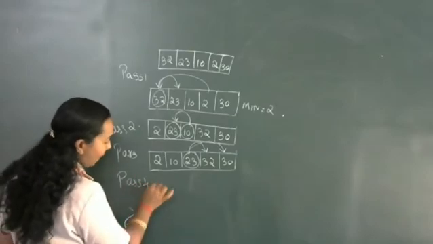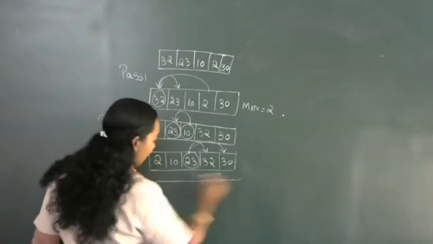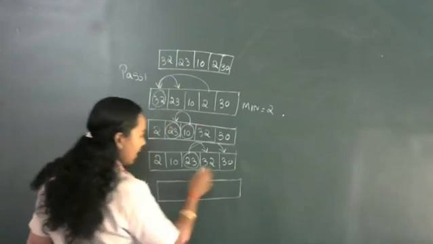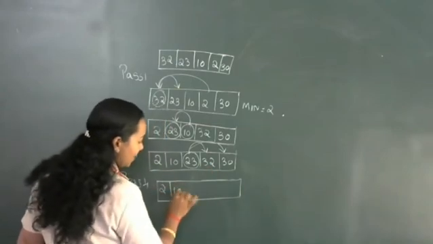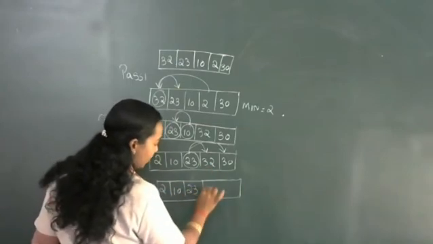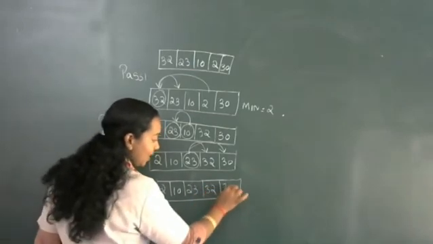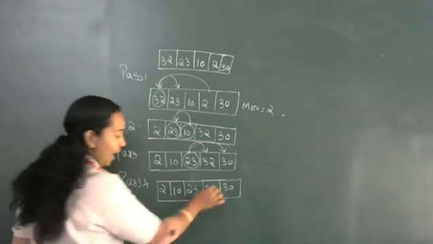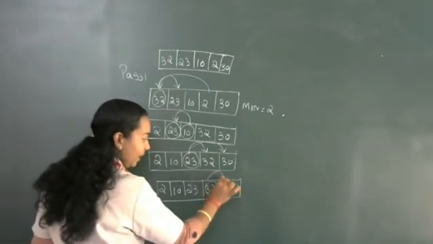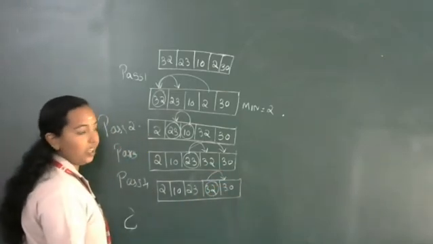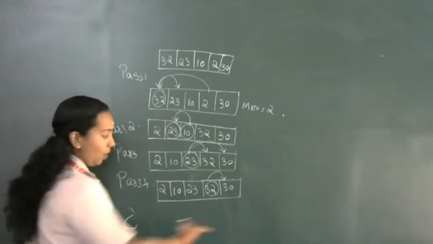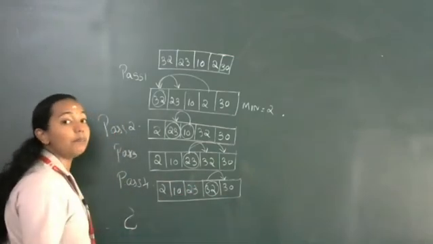Next, pass 4. In pass 4 we will assign 32 as the smallest element. We are assuming 32 as the smallest element and comparing it with the element 30. Here the condition is false, so we require a replacement.